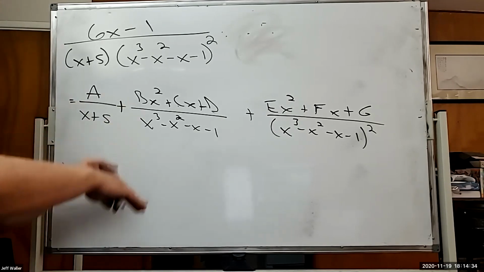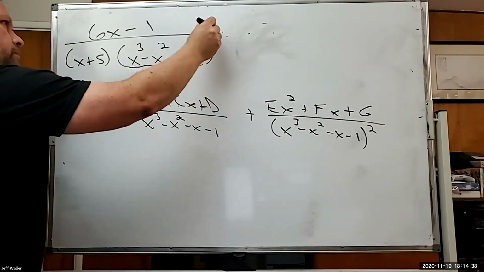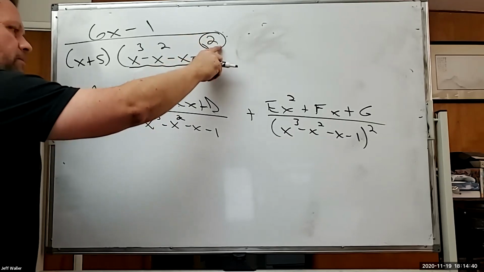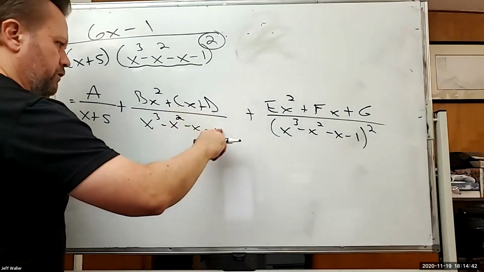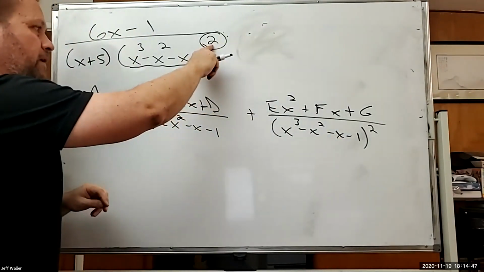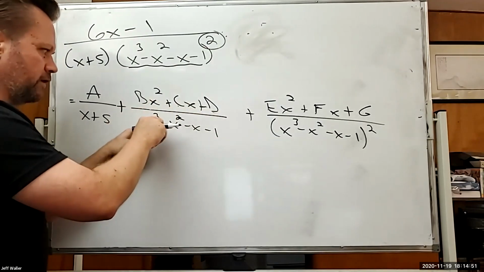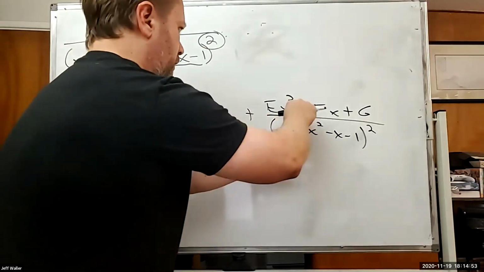All right, so we're not going to do it, but that's an example of an irreducible that's repeated. Repeated means you have to do it from the first degree, the one of them, 2 of them, up to however many it's repeated, and then each of them gets the full. That's a third power. That's got to be squared.